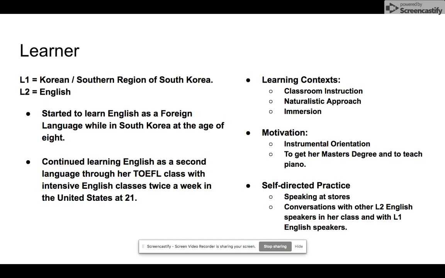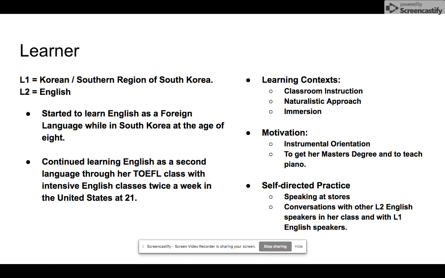Her L1 is Korean, and she's from the southern region of South Korea, and her L2 is obviously English. She started English as a foreign language while in South Korea at the age of 8, and then she continued taking English as a second language through her TOEFL class with intensive English classes that she has twice a week once she moved here at the age of 21.